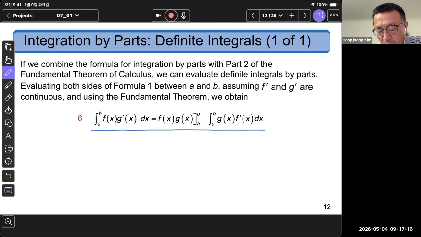The integral of f times g prime from a to b will be this value minus the integral of g times f prime. As you know, this notation here means the value of this product at b minus the value of this product at a. So this is the formula for the integration by parts for definite integrals.